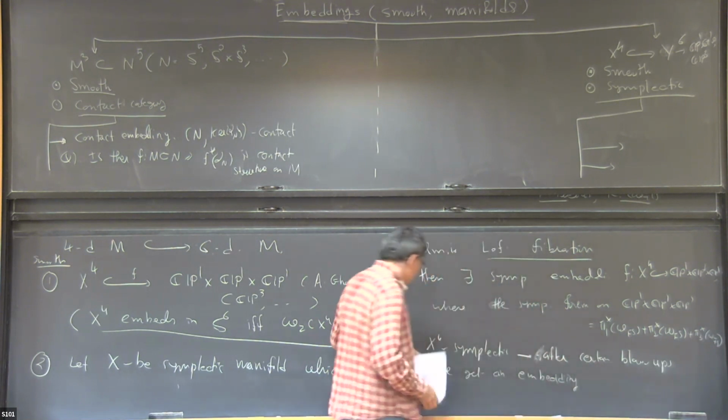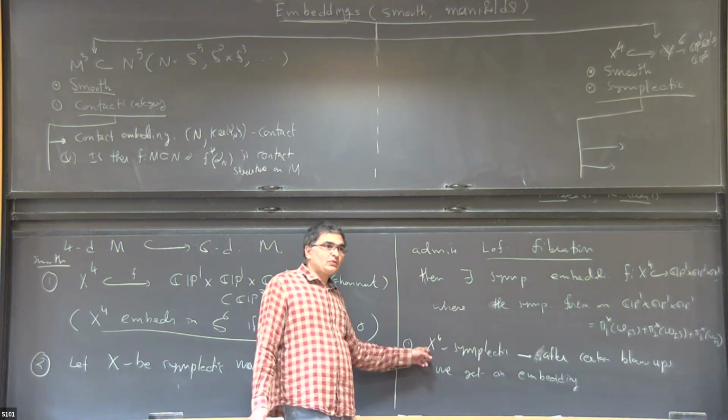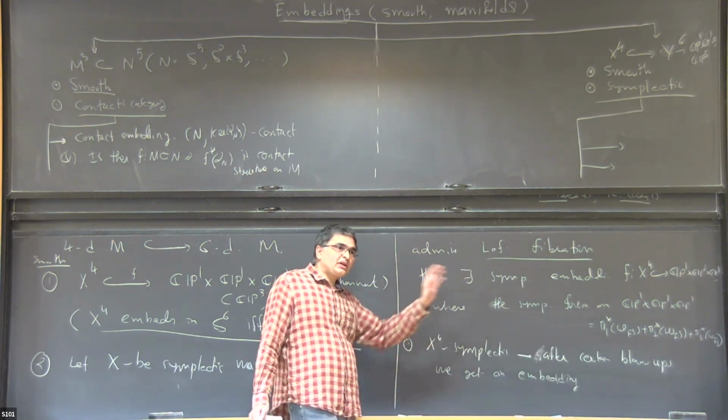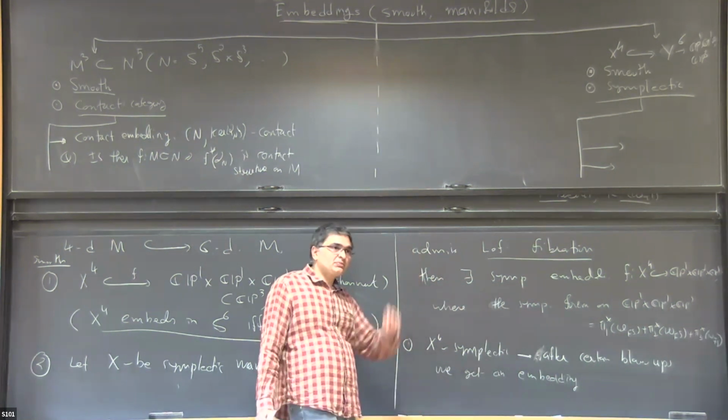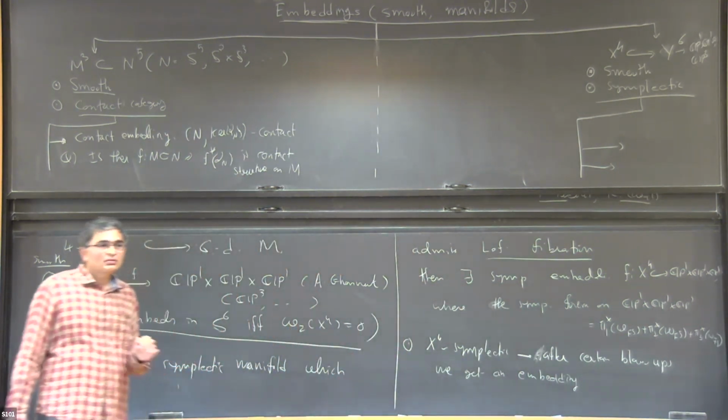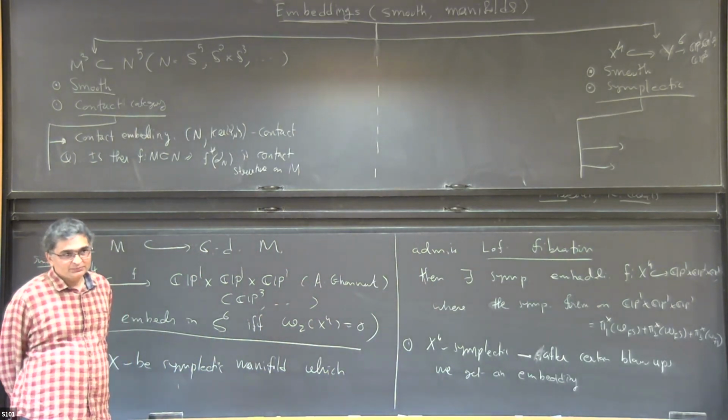So currently, we can't say that you start with a symplectic manifold and that manifold embeds. That manifold, after making a connected sum with CP2 bar, admits an embedding.